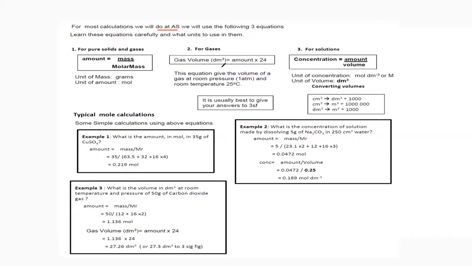This formula is only valid at 25 degree centigrade or 298 Kelvin and a pressure of 1 atm. Only then do we use this formula to calculate for gases. And if we are calculating for a solution, then concentration equals amount divided by volume, or moles divided by volume.